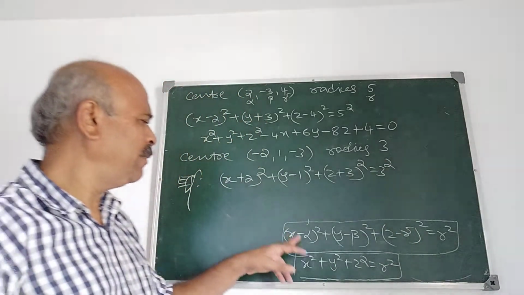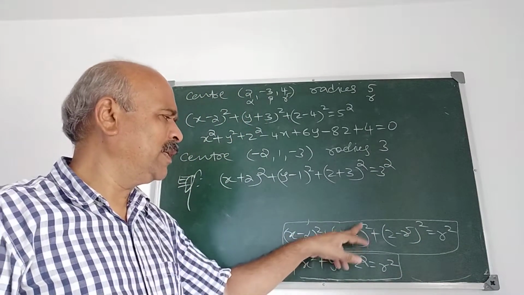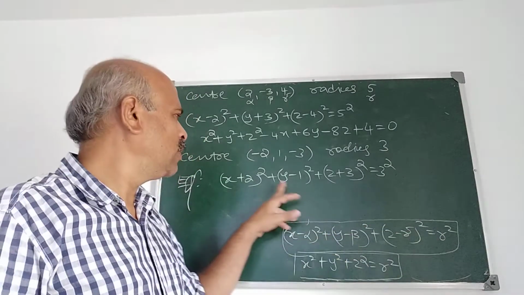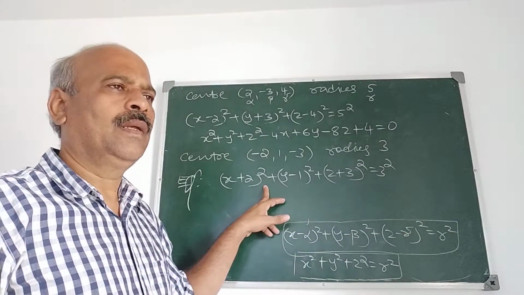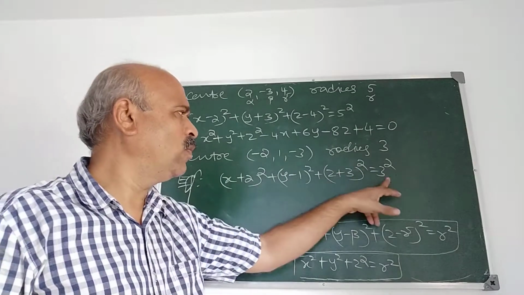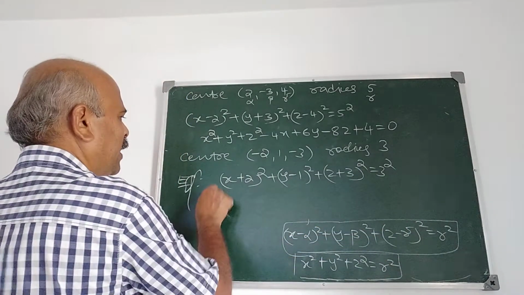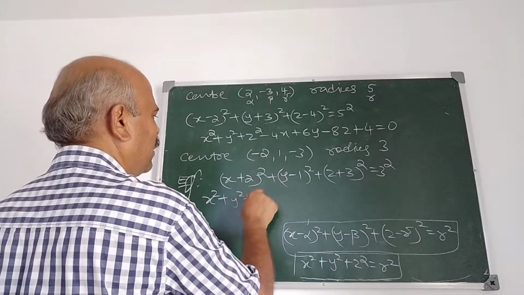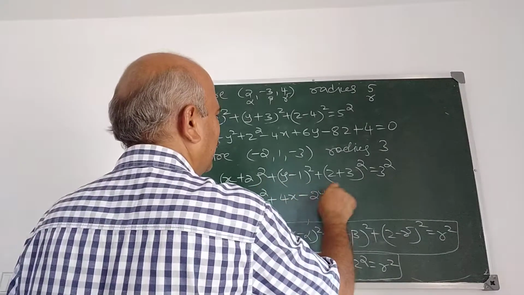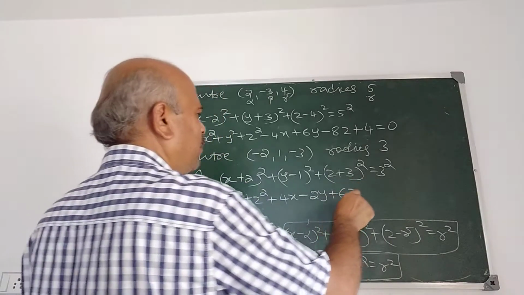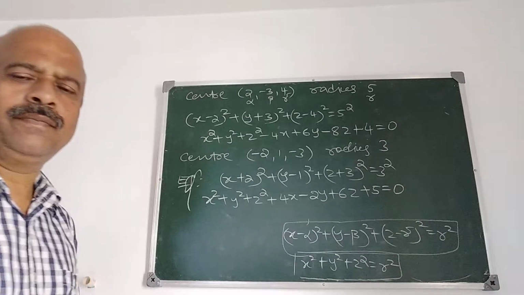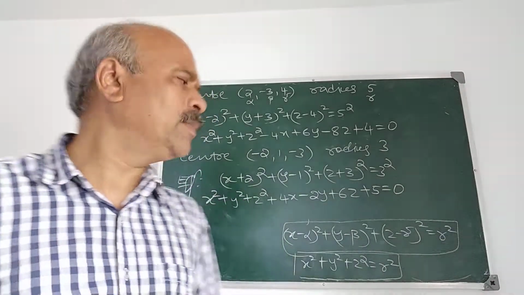How to apply the formula? x minus alpha whole square, y minus beta whole square, z minus gamma whole square is r square. This is the equation of the sphere. So simplifying, x square plus y square plus z square plus 4x minus 2y plus 6z plus 5 is equal to 0. This is the equation of the sphere.